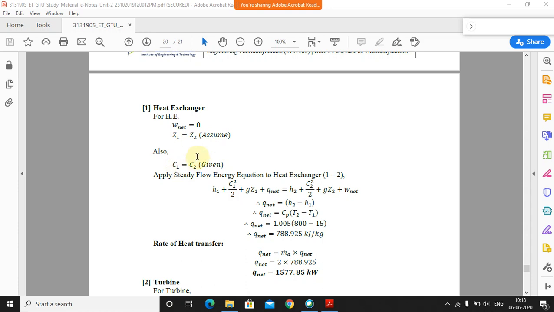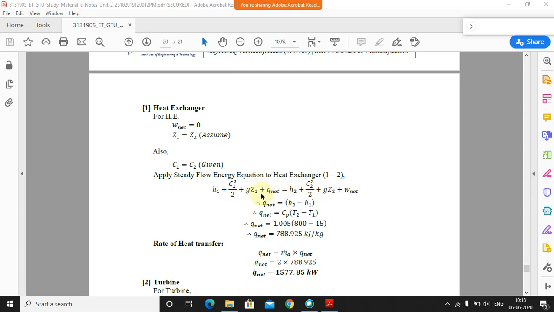Okay, so we will apply the steady flow energy equation, that will be m into h1 plus c1 square by 2 plus gz1 plus q net is equal to h2 plus c2 square by 2 plus gz2 plus w net.